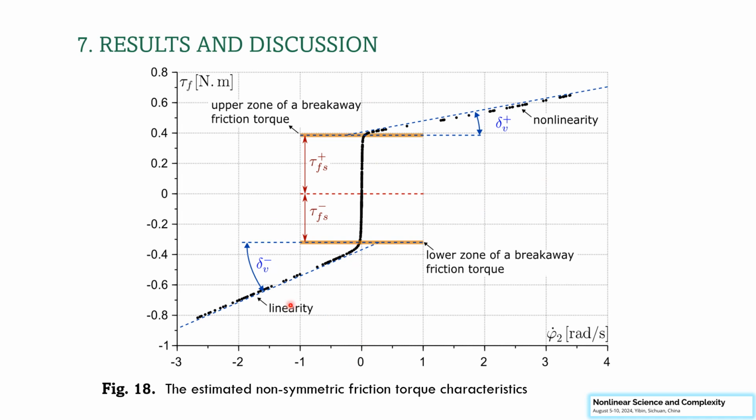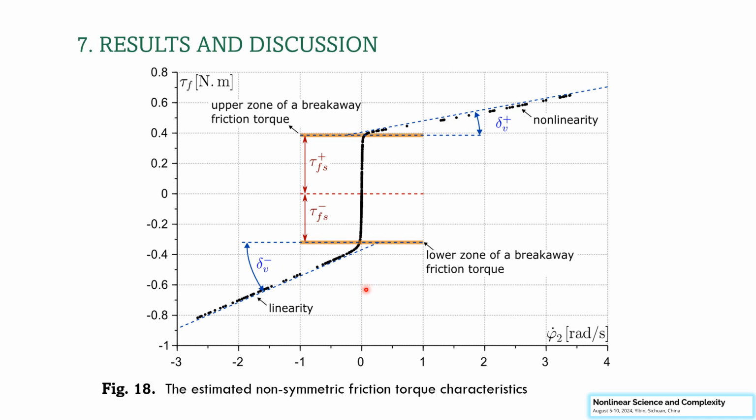The left-hand side proves linearity, while the right-hand side of the characteristic shows a non-linear component in the viscous friction part. So we also notice different values of breakaway torques, which are slightly different.